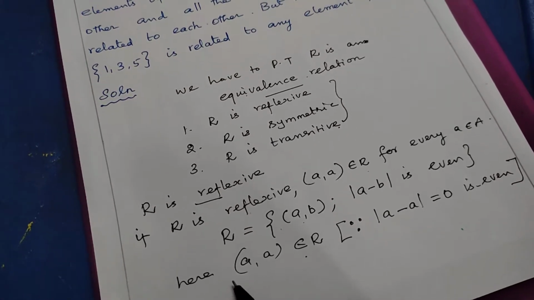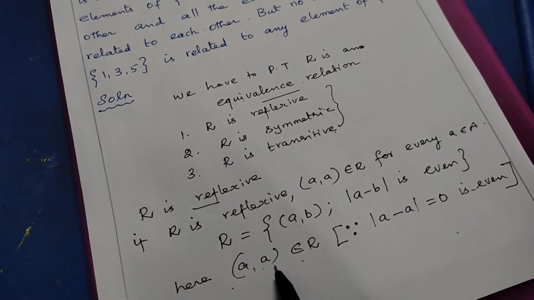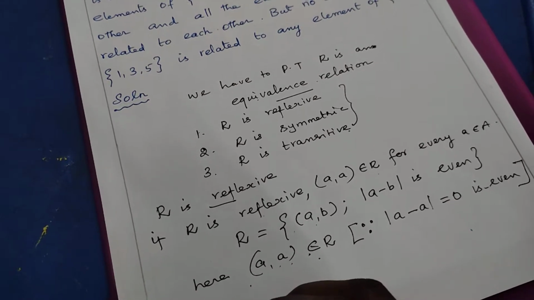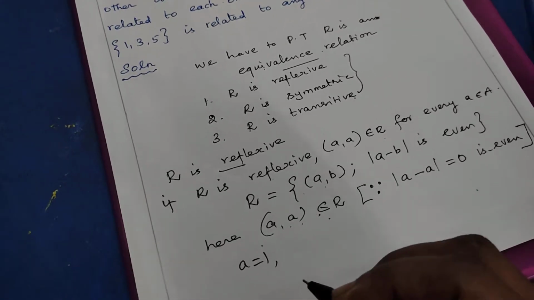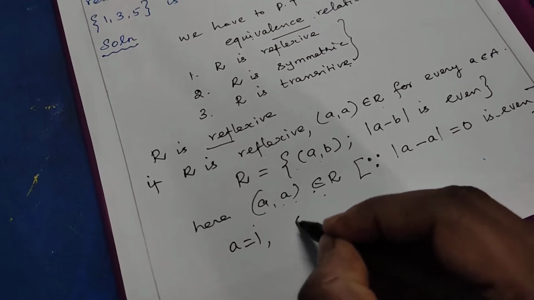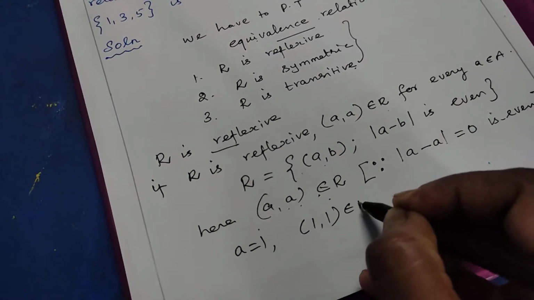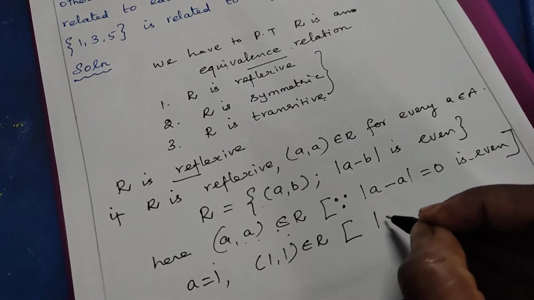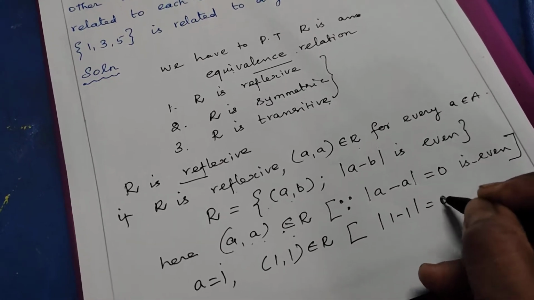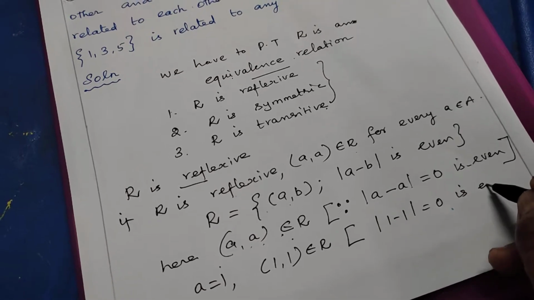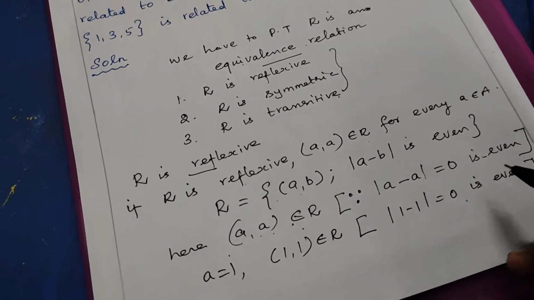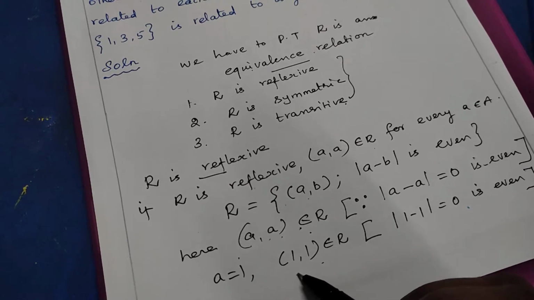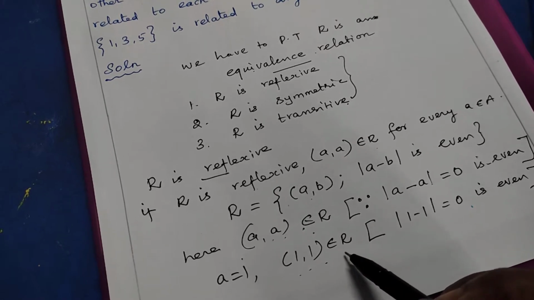Therefore we can say that (a, a) belongs to R. Suppose we take a equal to 1, then (1, 1) belongs to R. From the relation condition, modulus of 1 minus 1 is equal to 0, and 0 is an even number. Therefore, (1, 1) belongs to R. Similarly, (2, 2), (3, 3), (4, 4) belong to R.